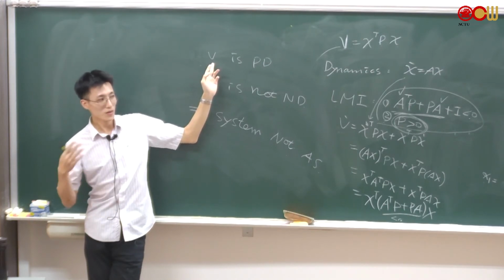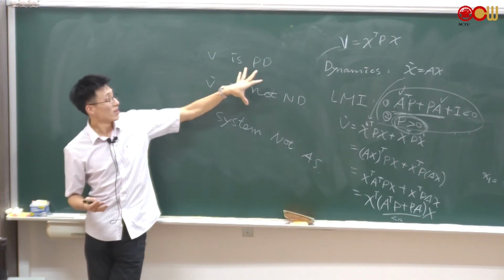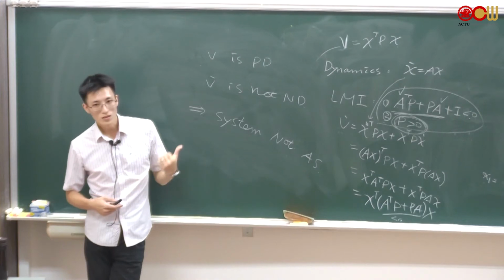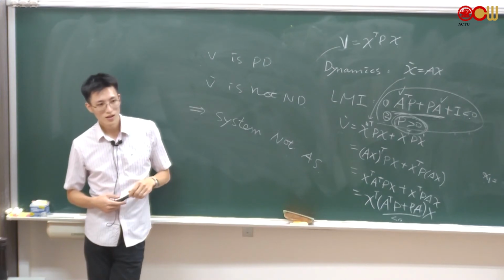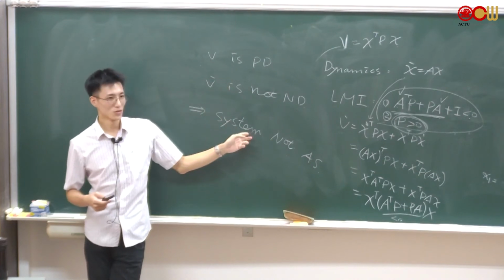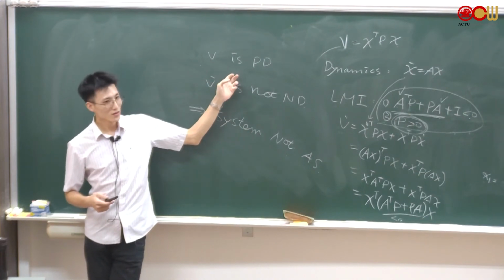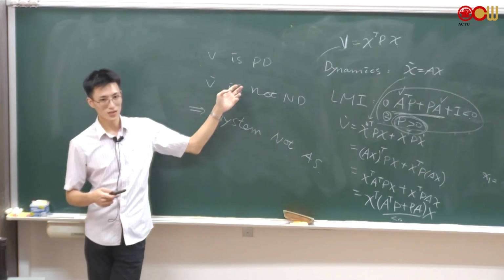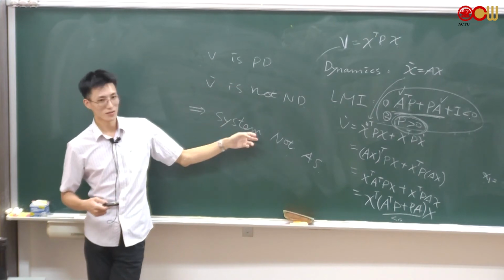Maybe the next time you try a different V and it guarantees stability, because it's a sufficient condition. Sufficient means if that's true, this must be true. But if it's not true, it doesn't imply this is not true.